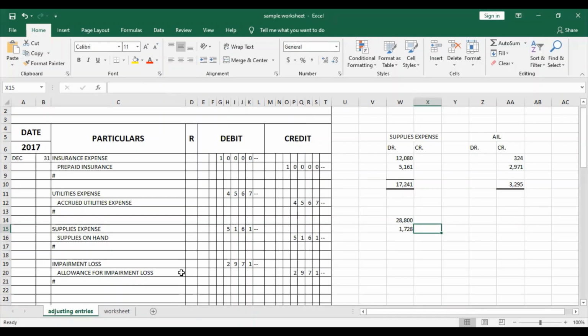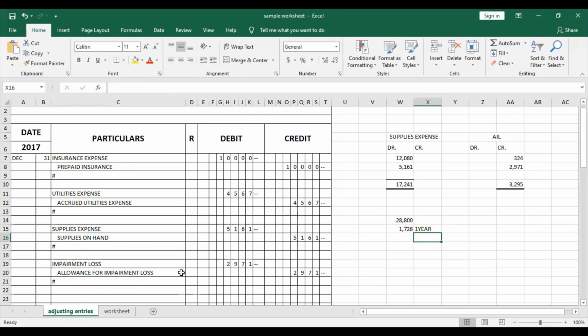This is good for 1 year. What we are about to record is only the amount of interest that is already incurred. Remember, according to accrual basis of accounting, we have to recognize expense in the period when it is incurred, regardless if it is paid or not.